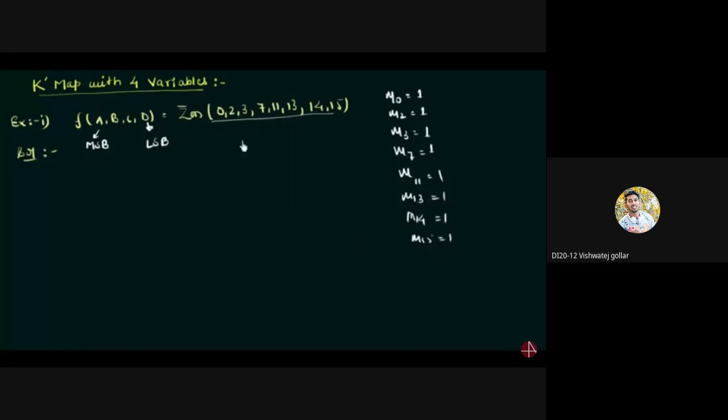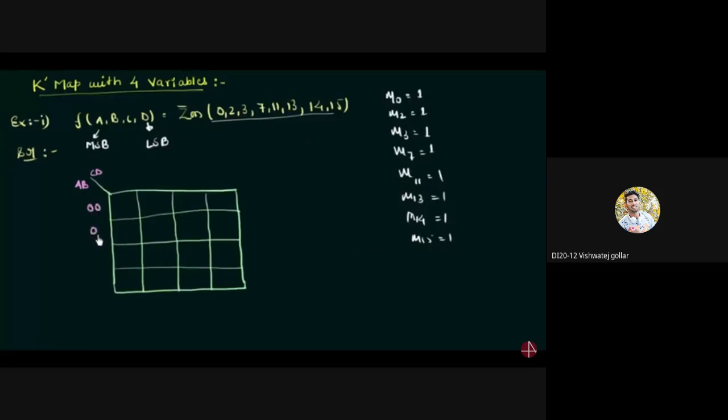You know this representation very well. Now we will move to our K map. First we will draw a 16-cell K map. 00, 01, 11, 10, 00, 01, 11, 10.